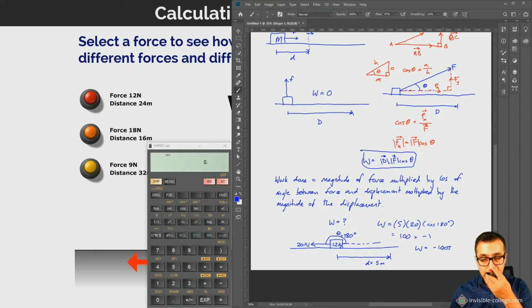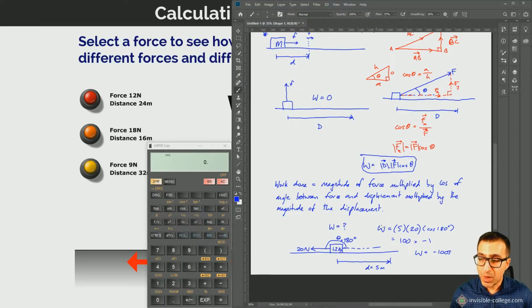So this is an example of energy being taken out of a system, and because the total energy of this object, which was formerly moving, is less after this force has acted over this displacement than it was before, the work done is negative. There has been energy transferred from this object. So that's one way of solving this.